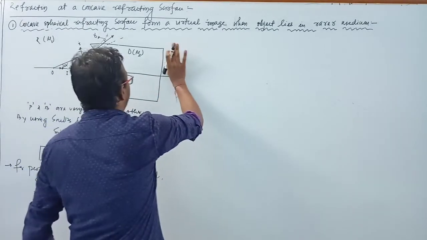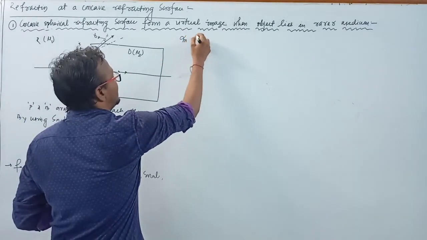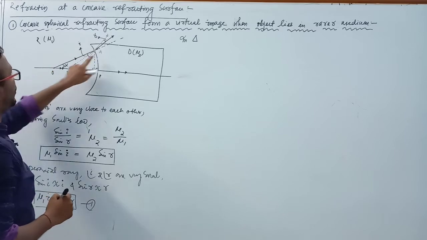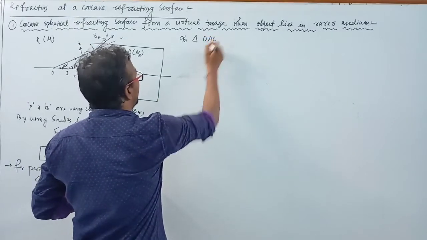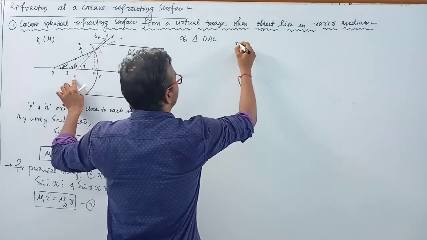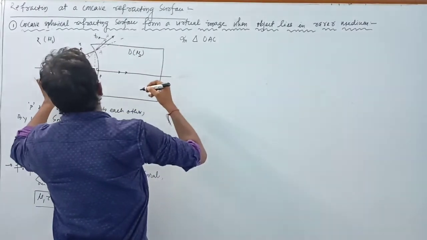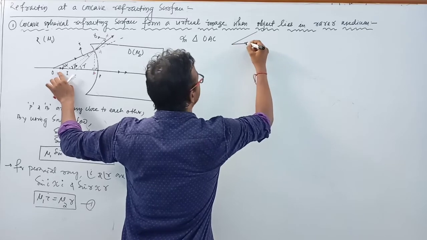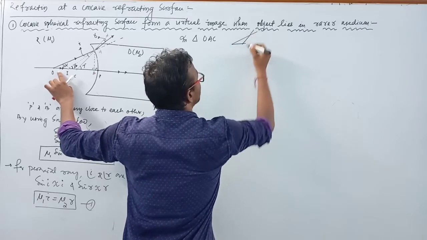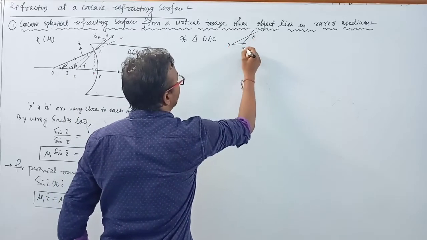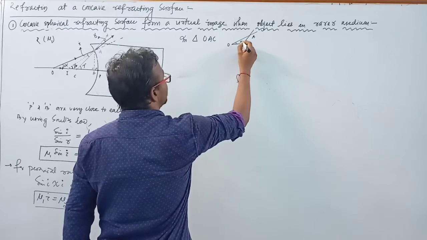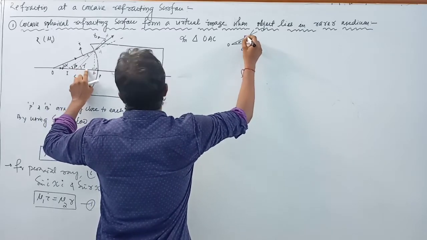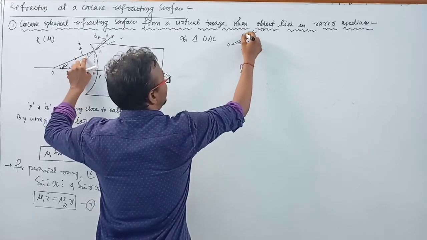So look at the diagram. In the triangle which consists of angle i, that is triangle OAC, this angle is alpha, this angle is gamma, and this angle is i, the angle of incidence.